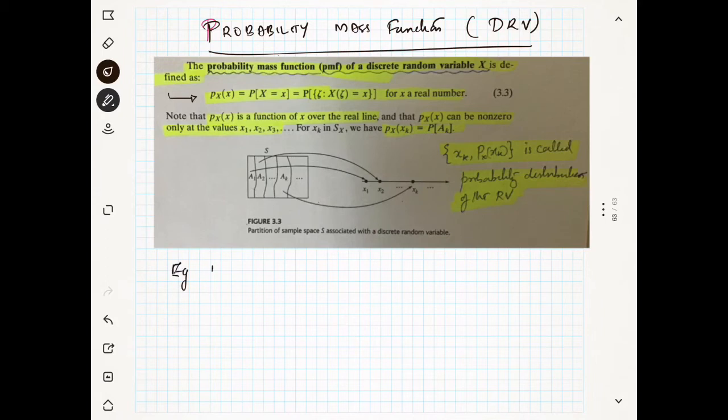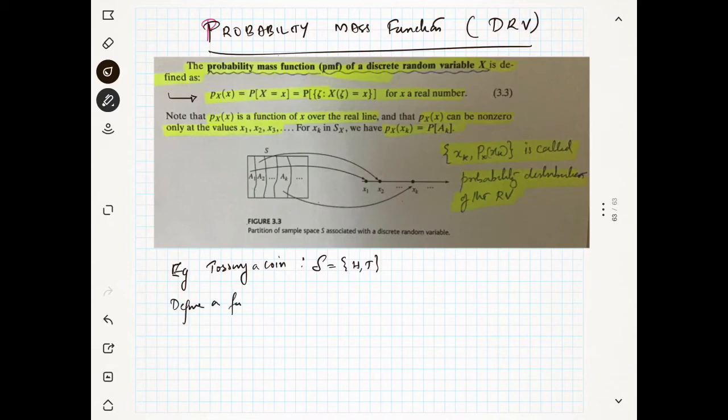Tossing a coin, you have a sample space which is head and tail, and you are defining a function.